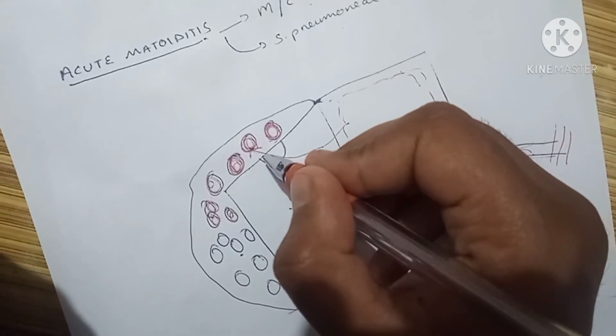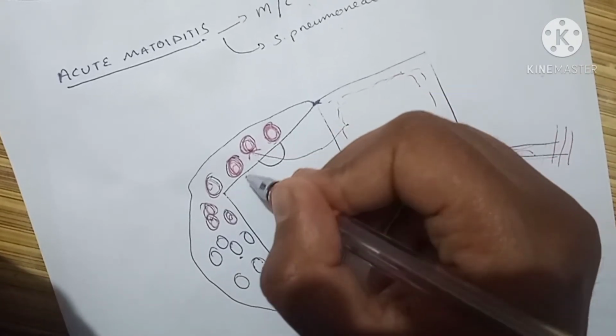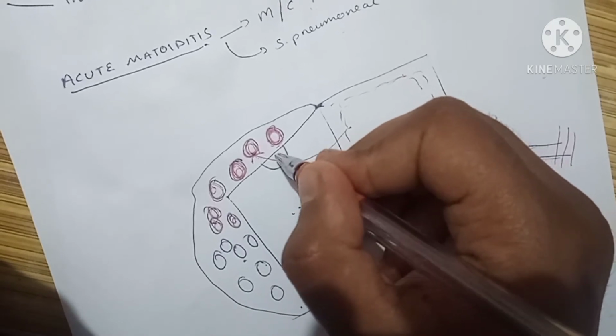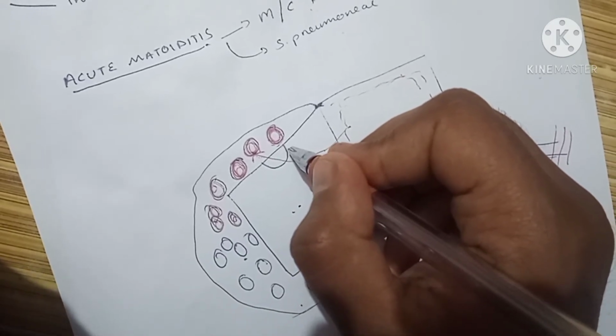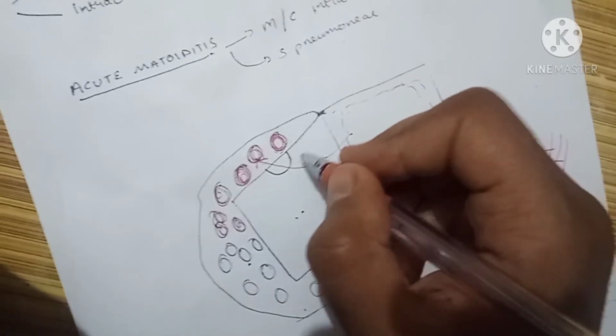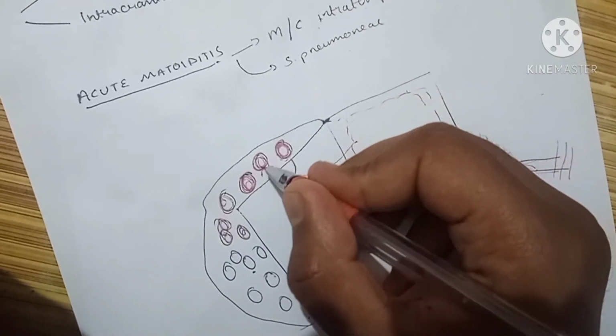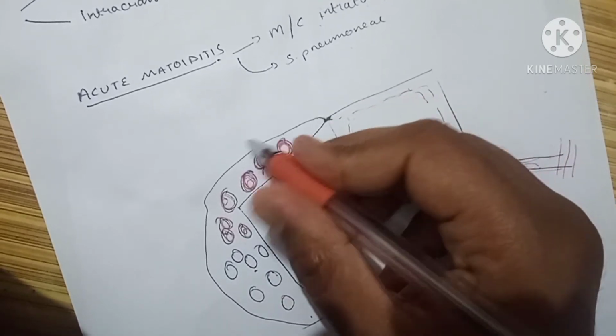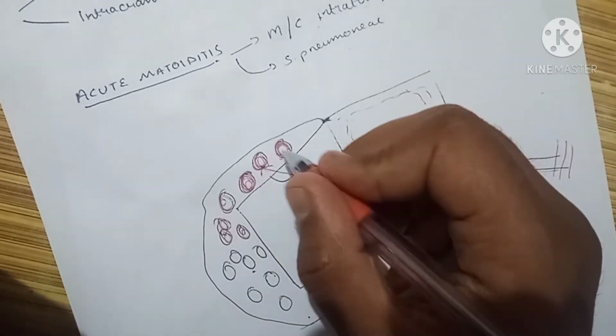Now because of this infection and inflammation that is occurring, the aditus is temporarily blocked, and the mucosal lining of the mastoid is also swollen. Due to this, there is venous congestion within, and this leads to a local acidosis within the mastoid cavity.